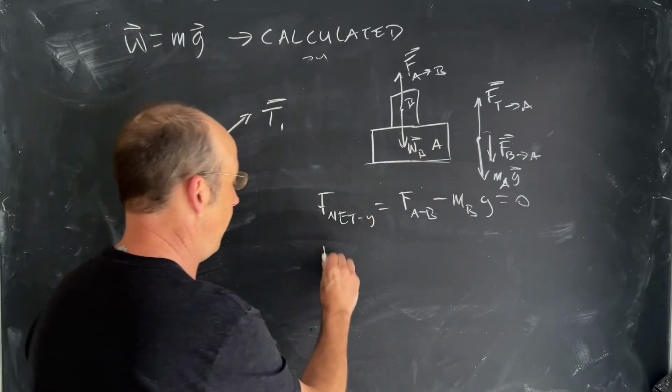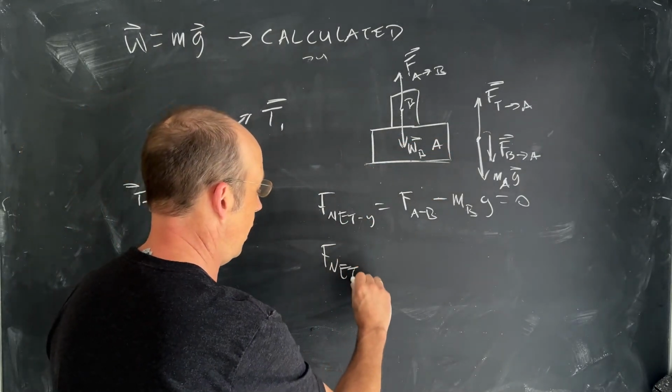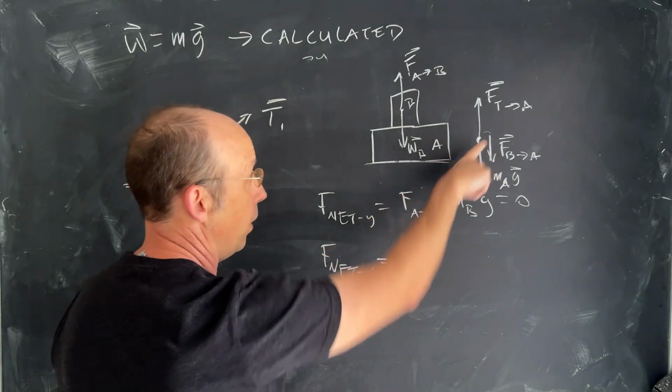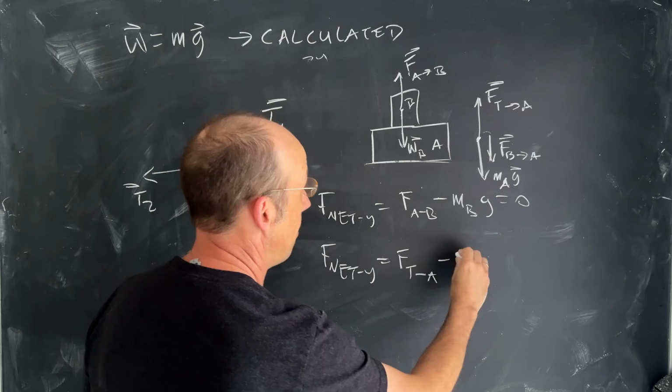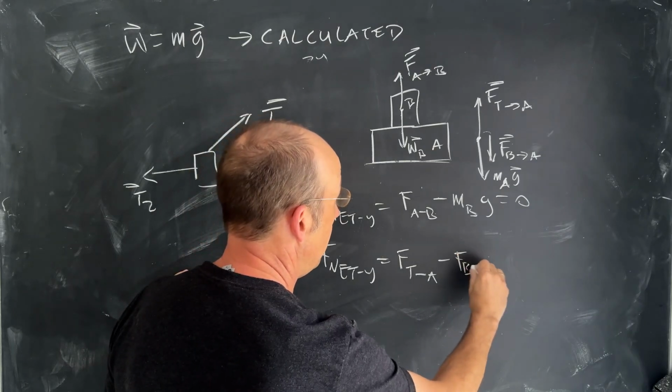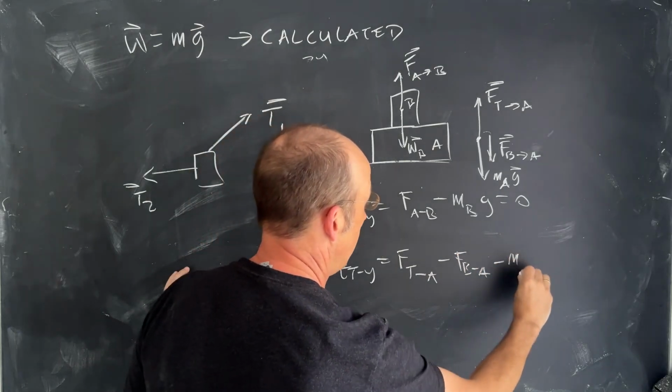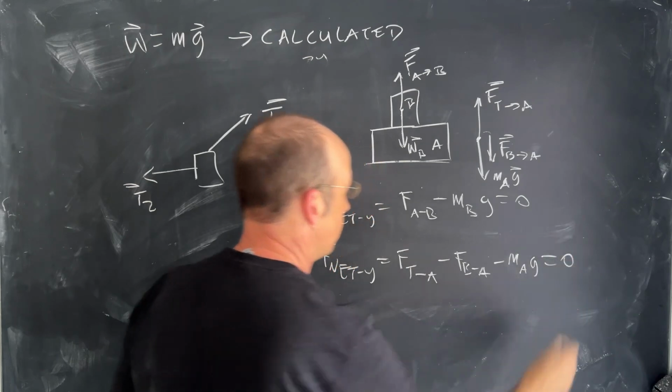Let's write down the equation, F net Y. For this, it's going to be F table pushing on A minus FB on A minus MAG equals 0.